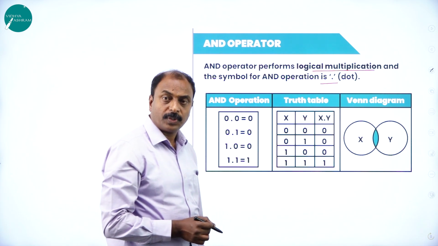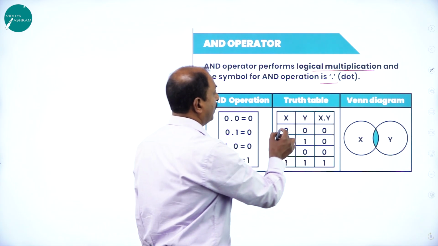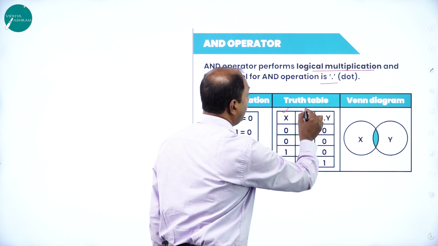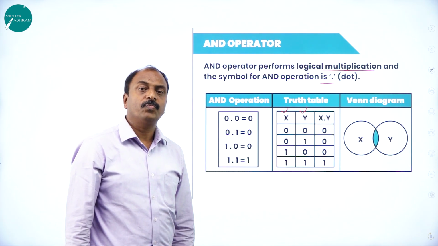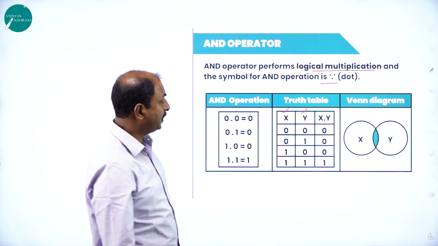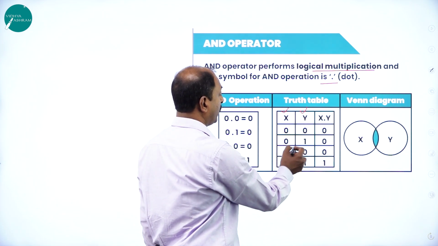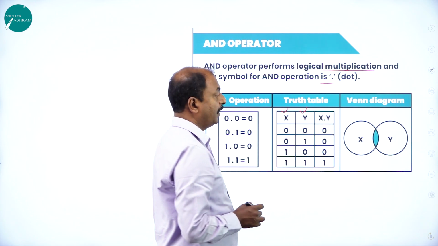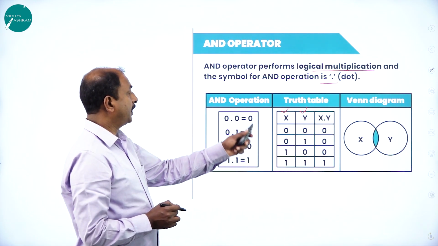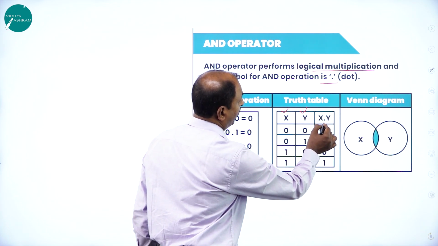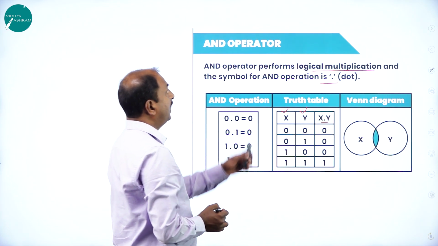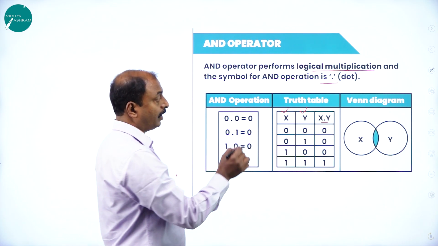And if we look at the truth table for this, there are two variables x and y, and as we have seen in the previous slide, they can have four possible combinations: 0 0, 0 1, 1 0, 1 1. Now, by looking at this operation, we can write the output here, with x and y. This AND represents the AND operation or AND operator.